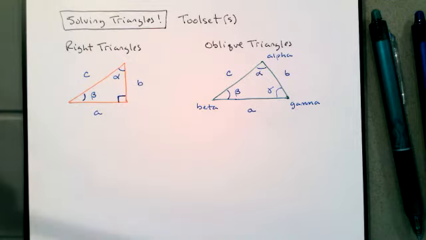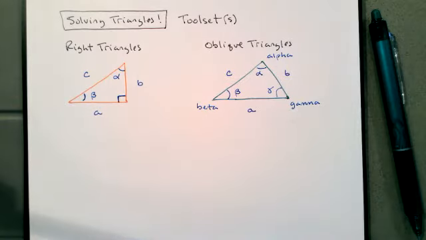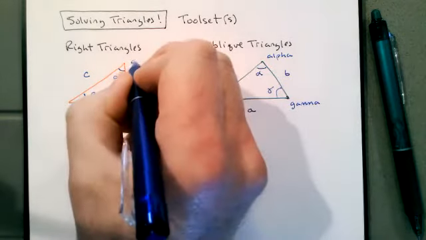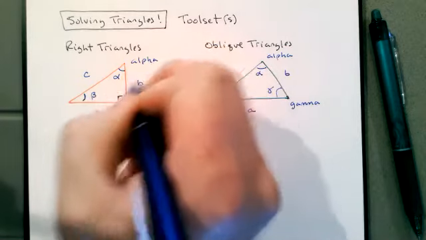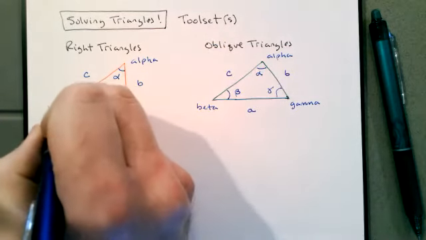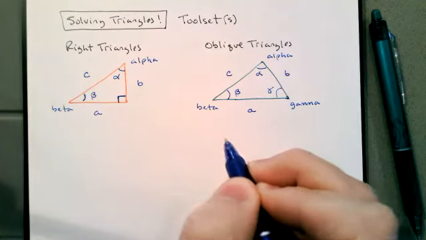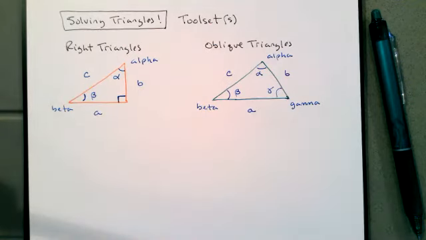All right. Questions? So we are always going to set it up with alpha opposite A, beta opposite B, and C will be the hypotenuse since we have a right angle in the right triangle part.